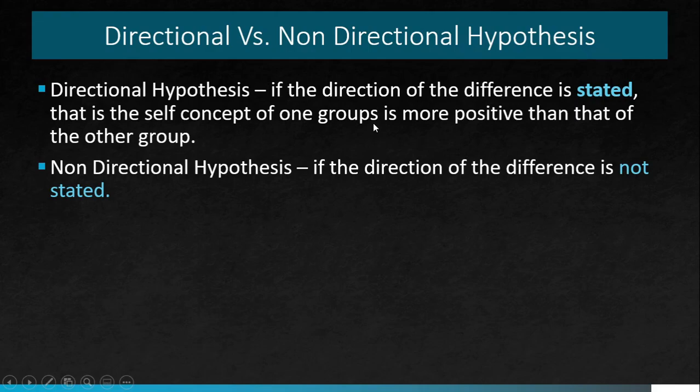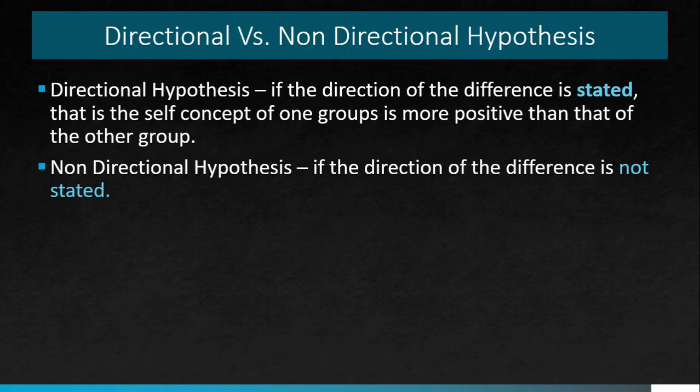So again, for directional hypothesis, there's a difference in which it's clearly stated. And for non-directional hypothesis, there is a difference, but the difference is not clearly stated. Okay?